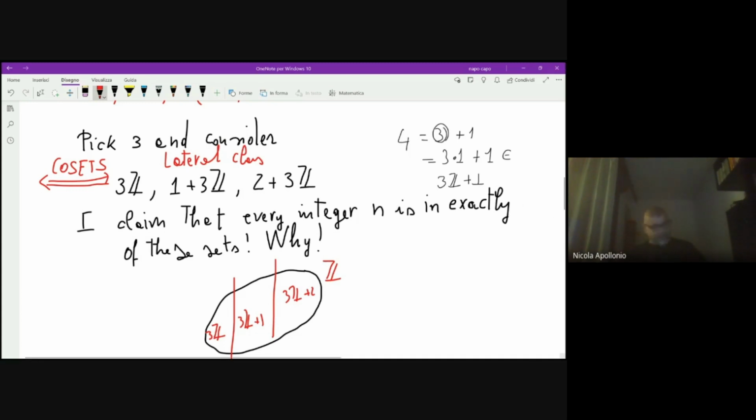If you think of straight lines in the Euclidean plane, you see what the cosets are. Every coset is a straight line which is parallel to a given straight line.